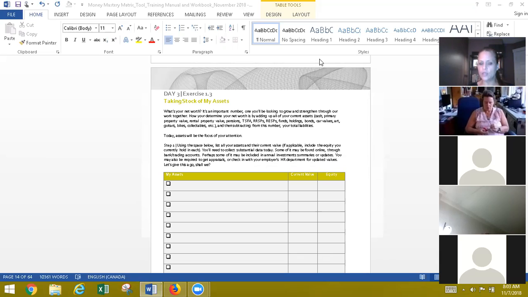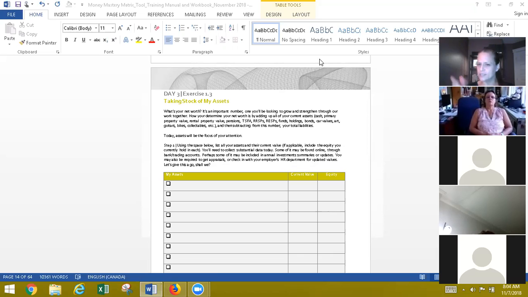Today specifically, I've kind of cheated because I'm saying it's exercise 1.3, but there's actually 2 exercises today. There's step 1 and step 2. So hopefully the lifting isn't too heavy, but let me give you a recap of what we're going to do today. Today and tomorrow, we're focusing on net worth. A lot of people will go to understanding their budgets or their earning potential, their earnings overall, to figure out where they're sitting.